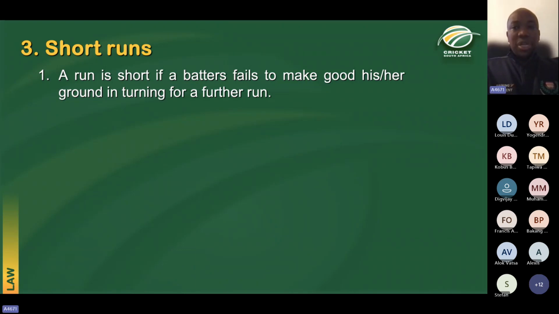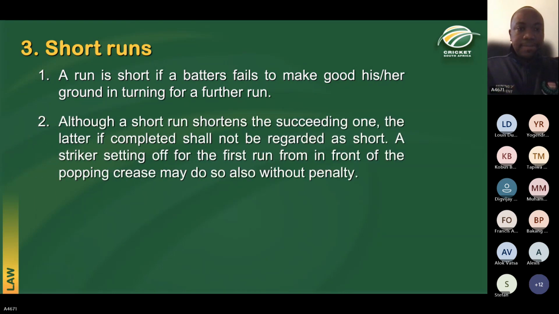A short run happens on the turn for a second or a third or a fourth or a fifth or a sixth run, not on the first run. Although a short run shortens the succeeding run, the latter, if completed, shall not be regarded as short.